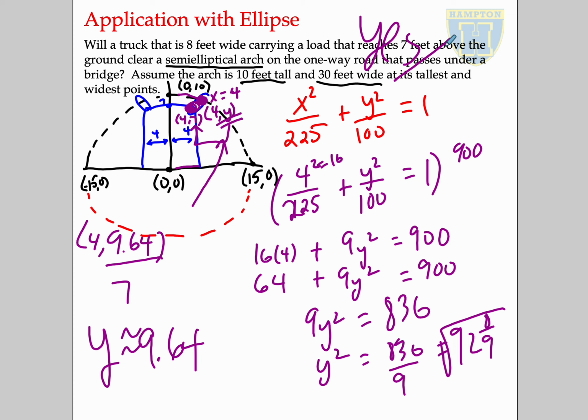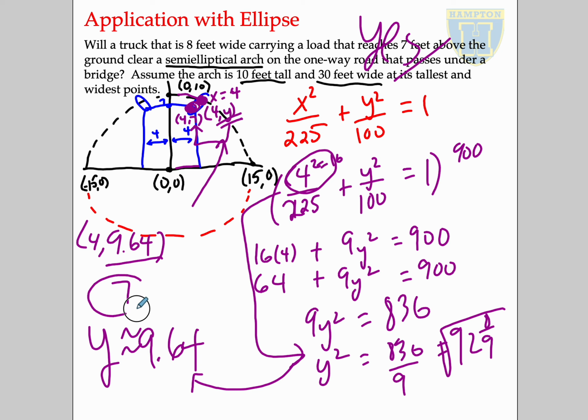All of this came from our ability to write the equation for the ellipse. We wrote an equation for the ellipse, we substituted in the number that we knew, and we went through our process of figuring out what its corresponding y-coordinate was. From there, we saw that the truck would easily fit underneath that height. Therefore, the truck would be able to pass through the tunnel.